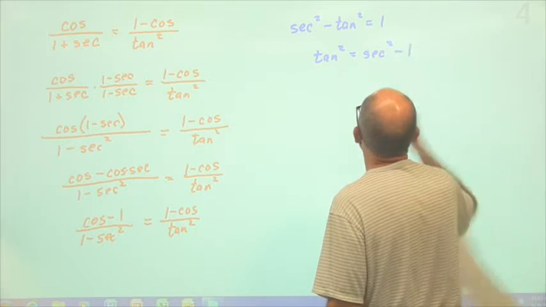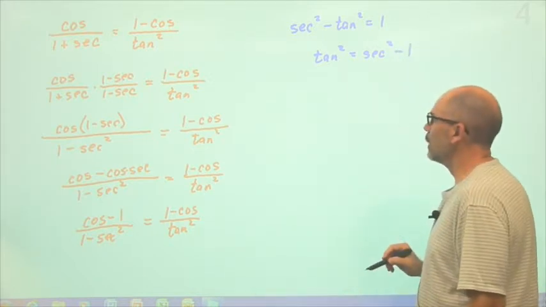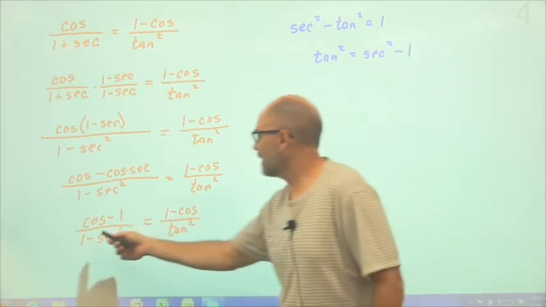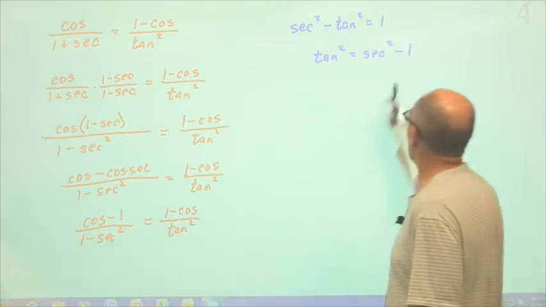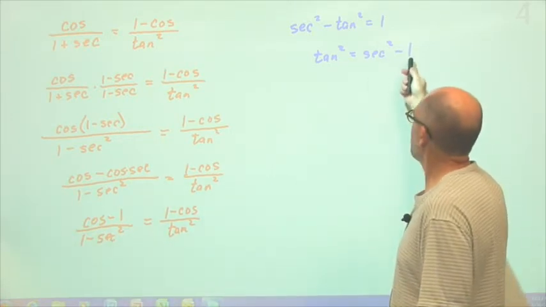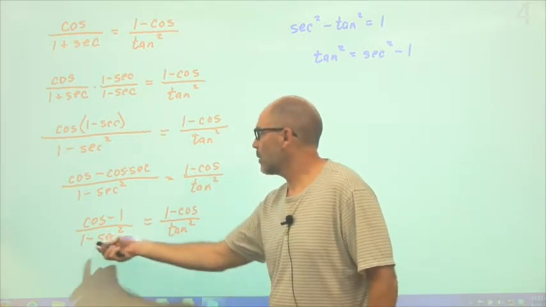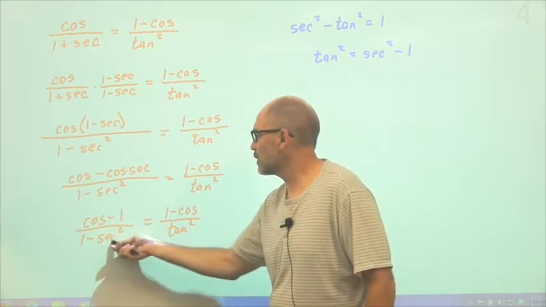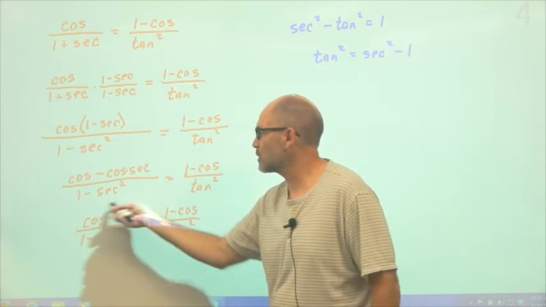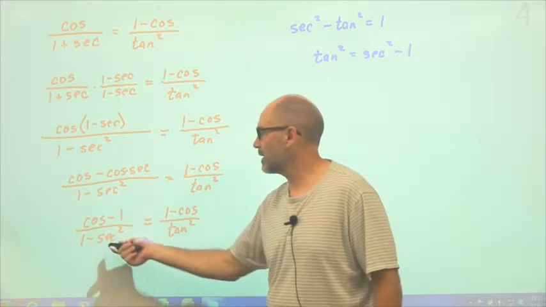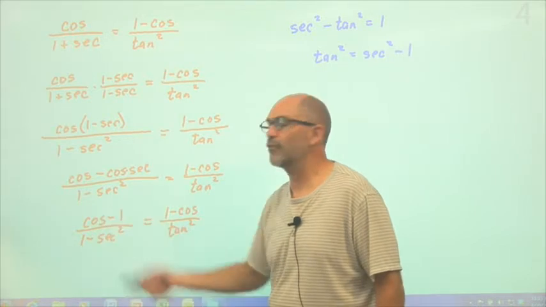Okay, notice I have a 1 minus secant squared, and I want a secant squared minus 1. So I need to switch the subtraction. Now, when I switch the subtraction on the bottom, I switch the subtraction on the top also. So I'm basically multiplying by negative 1 over negative 1.